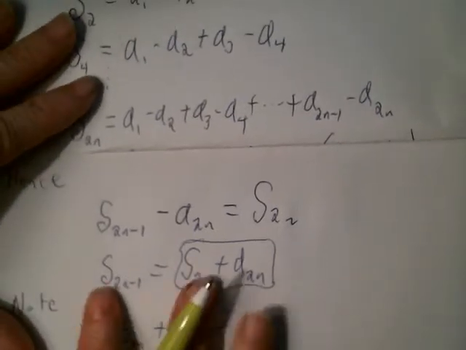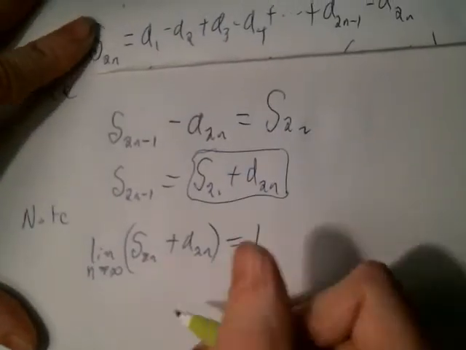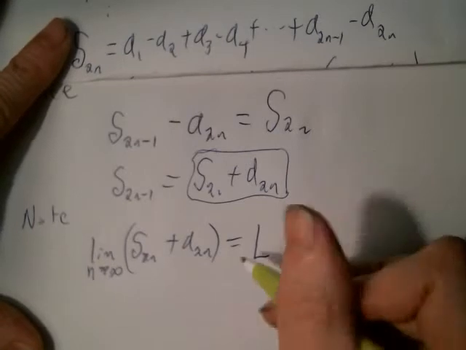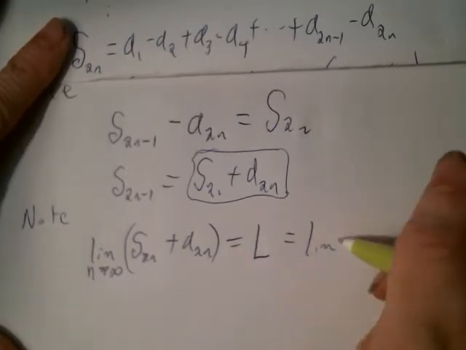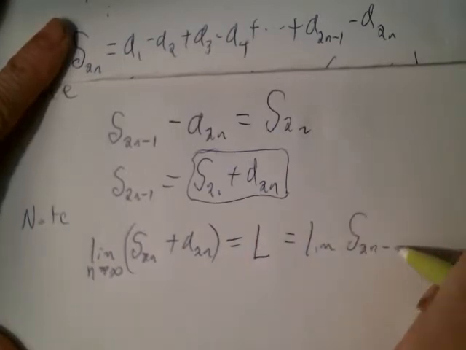If you consider then taking the limit of both sides of this, what do you get? That should equal the limit of s sub 2n minus 1.